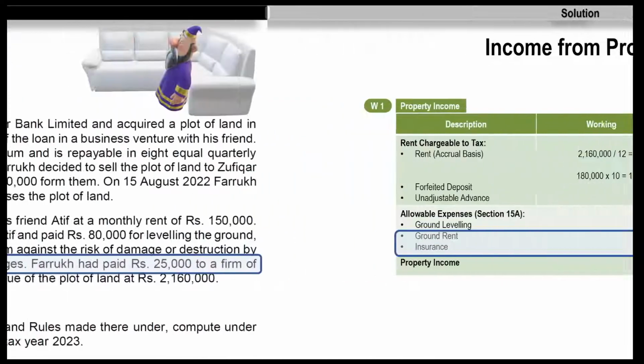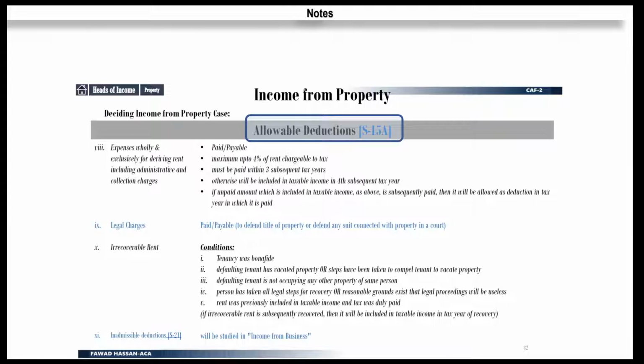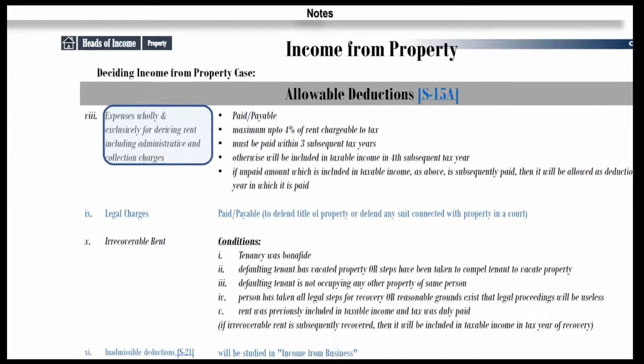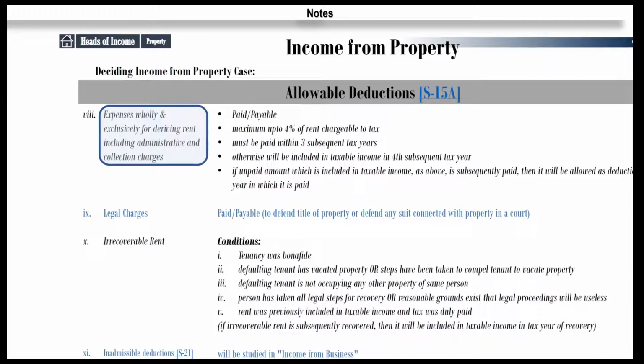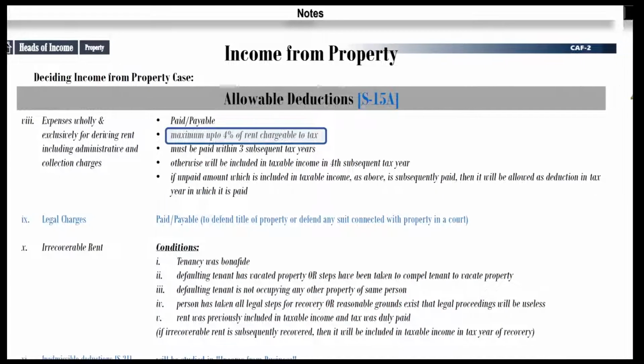Rupees 50,000 and rupees 12,000 will be mentioned as expense. Next information is collection charges and payment to professional valuer to determine rental value. Payment to professional valuer is an administrative expense. Both of these items are allowed as expense. Recall notes slide. Collection charges and administrative expenses are allowed as expense. Maximum 4% of rent chargeable to tax is allowed. Mention it in your solution.